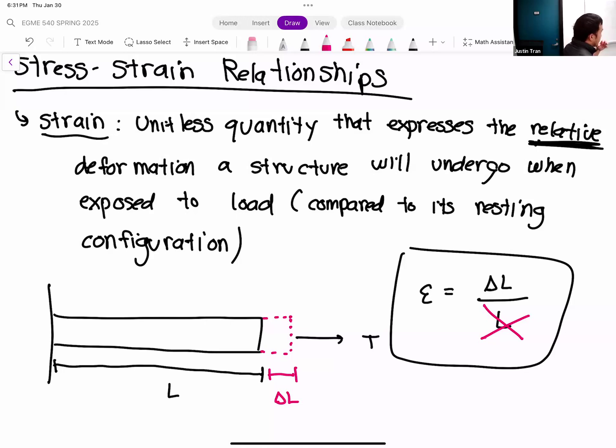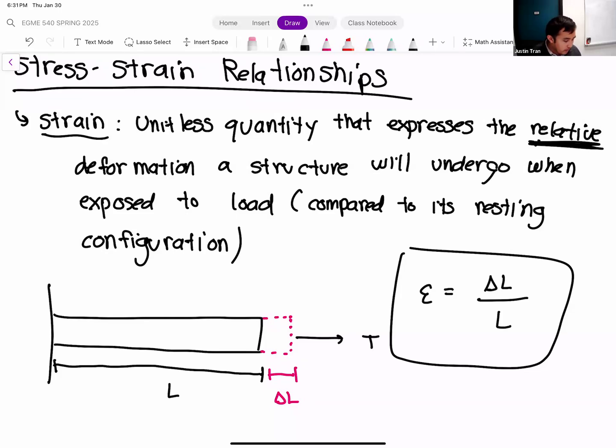Strain will take this and scale it by the original length. So typically, when I have you do the ANSYS activities and the project, I have you report total deformation, because that usually is a little bit easier to visualize and interpret than looking at strain. Okay. So that's strain in a nutshell.